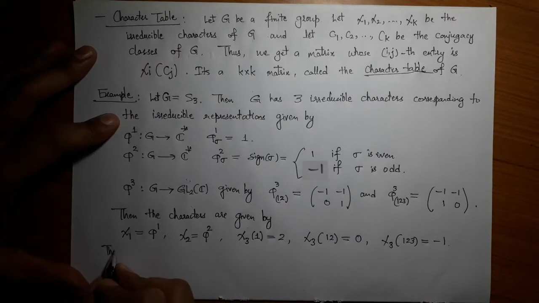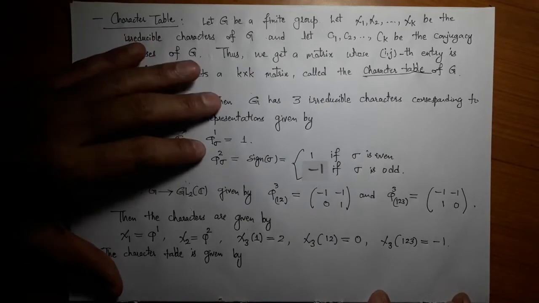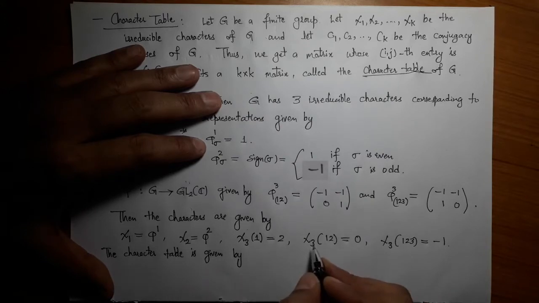The character table is given by the following. Remember in this case it is a 3 by 3 matrix where the rows are parameterized by the characters and the columns are parameterized by the conjugacy classes.